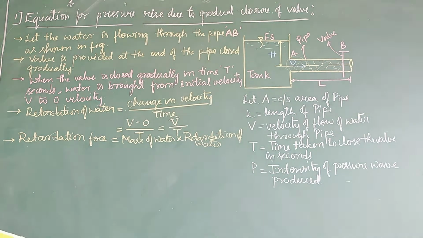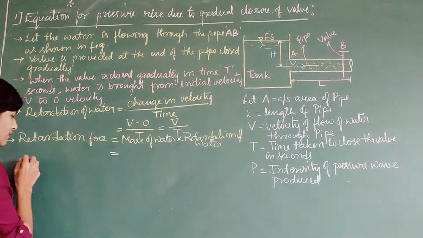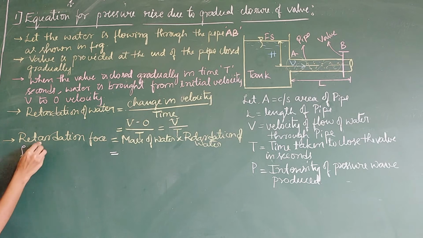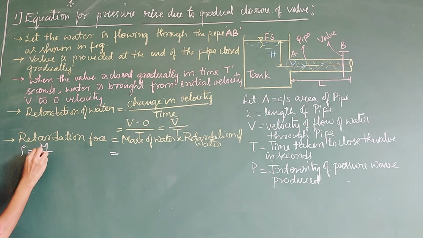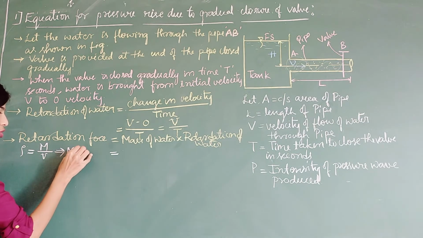We have to consider the mass of water within this pipe. For that we use the basic definition of mass density: rho is equal to mass by volume. From this, mass is equal to density into volume.